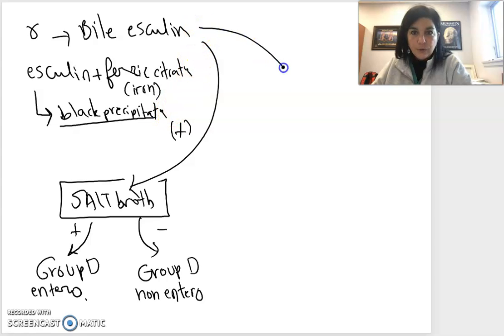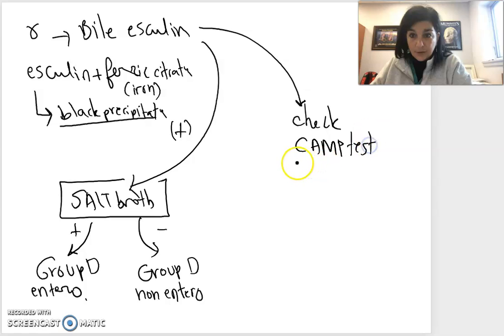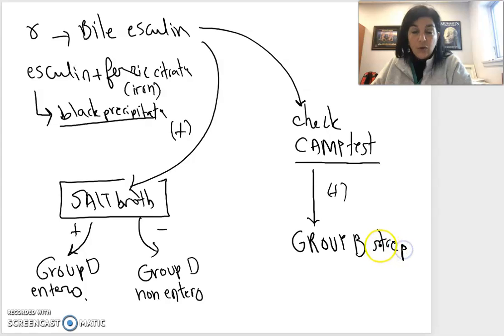We also do a CAMP test. We check the CAMP test on cells like that because if the CAMP test comes out positive, we're actually dealing with a group B strep, which is something we saw with the beta hemolysis.